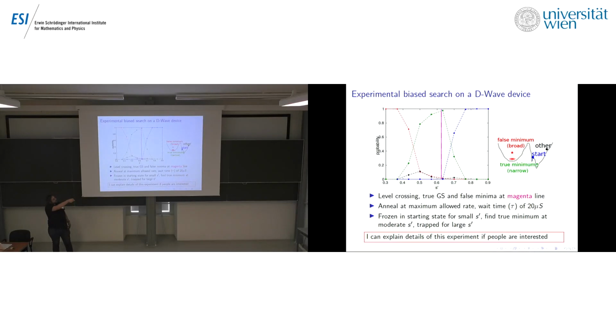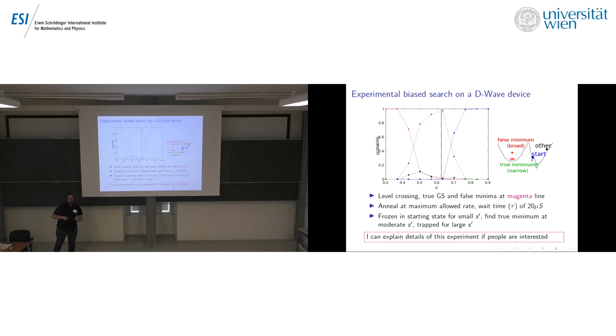With this nice color-coded diagram, you can see if you search a little bit, you just stay right where you are, in that local minimum. But then you can get to this local minimum without getting trapped in this false minimum. But if you go too much, you get trapped in a false minimum. There's a little regime here where you can get stuck. But this is actual experimental data on how this works.